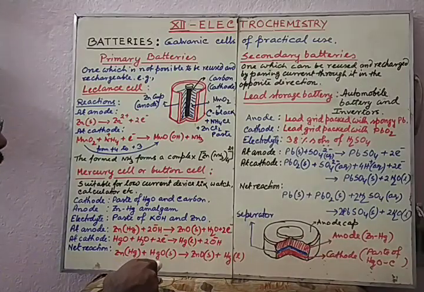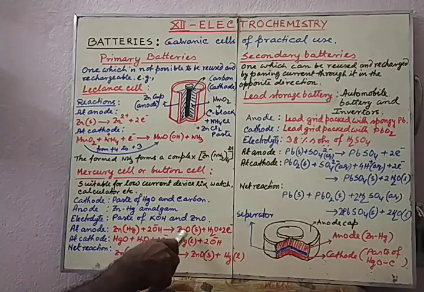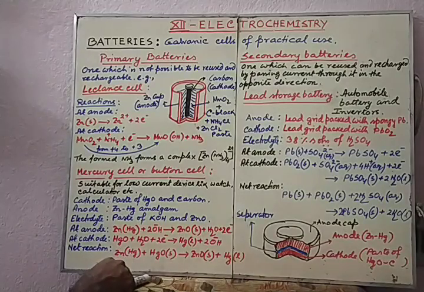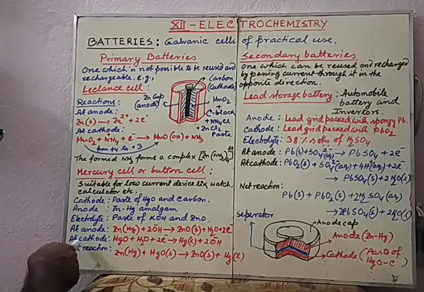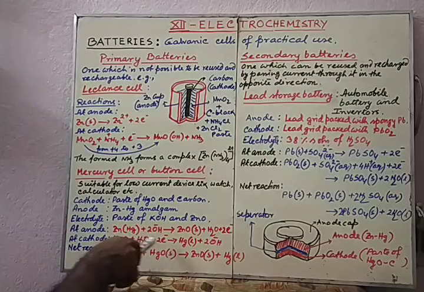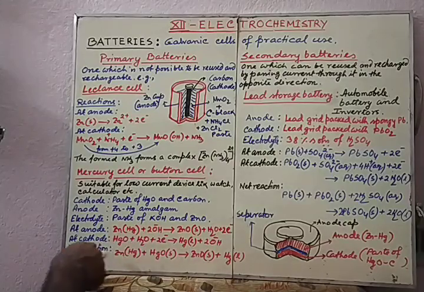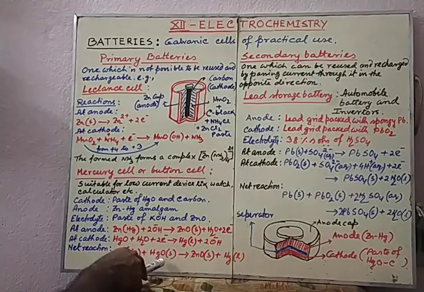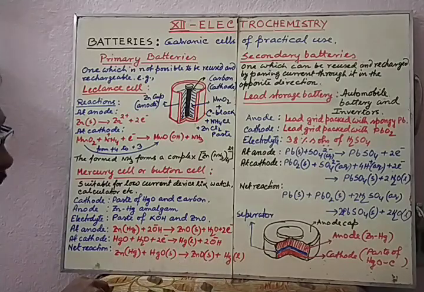The reaction that is taking place at the anode is zinc being oxidized to form zinc oxide with the loss of electrons, and those electrons are used up at the cathode by the mercuric oxide, which is being converted to metallic mercury. The overall reaction is zinc plus mercuric oxide changing into zinc oxide and metallic mercury.